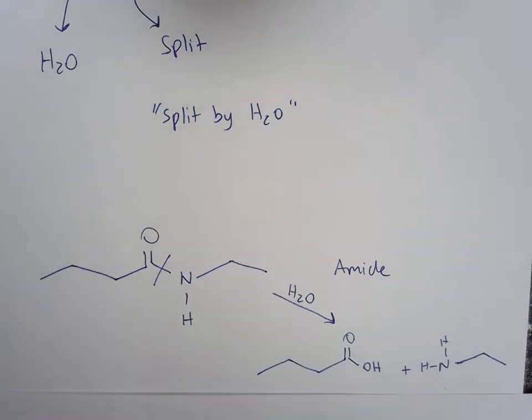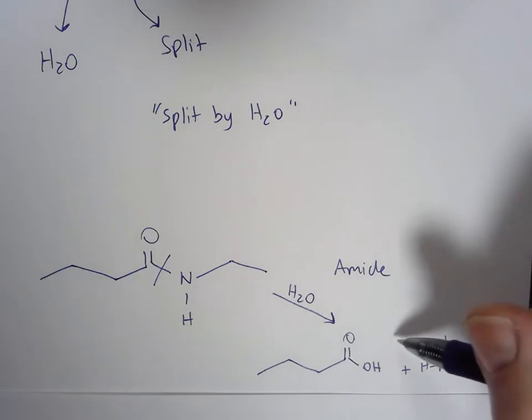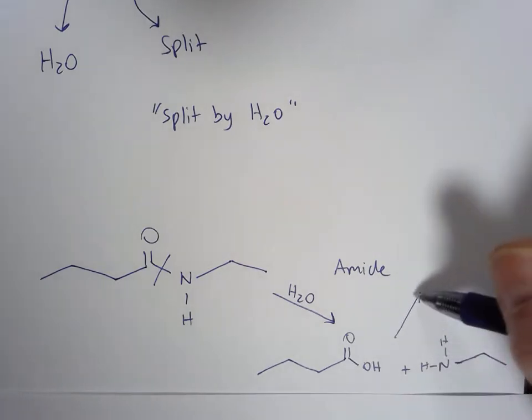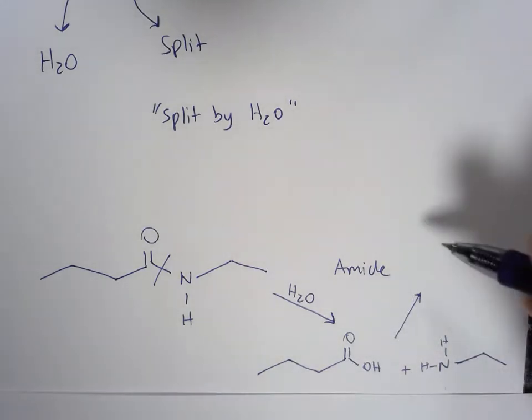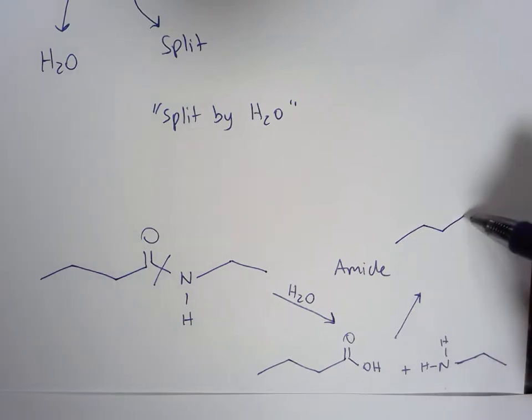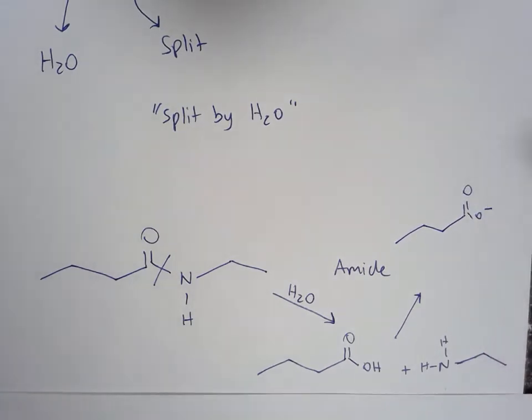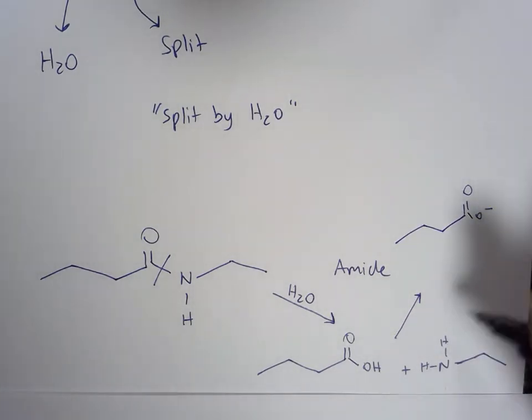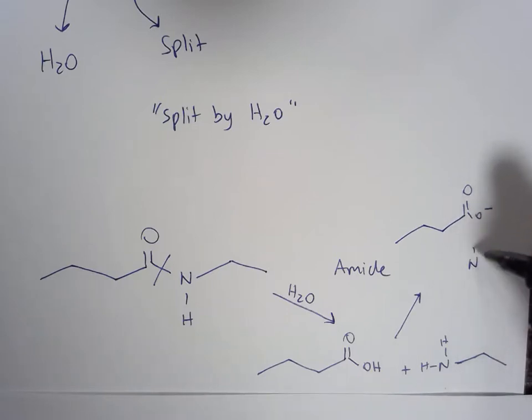So in reality, what's really going to happen at a pH of, say, 7 is both of these are going to change. This is going to be a carboxylate ion, and the amine will be an NH3 group.